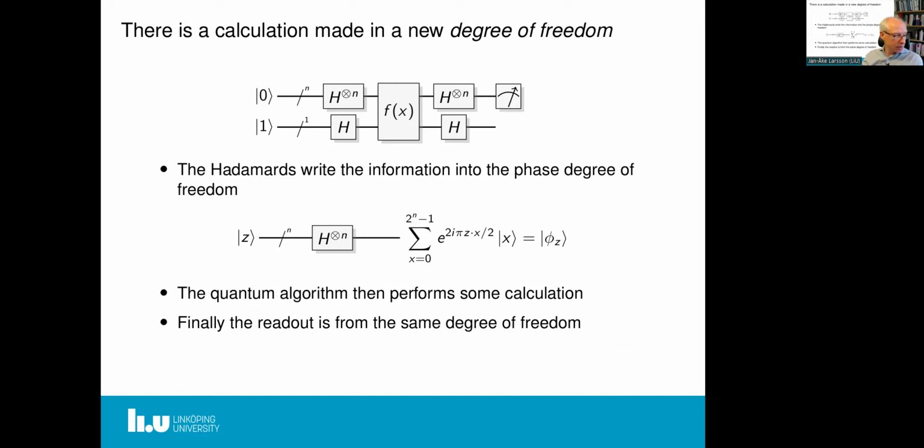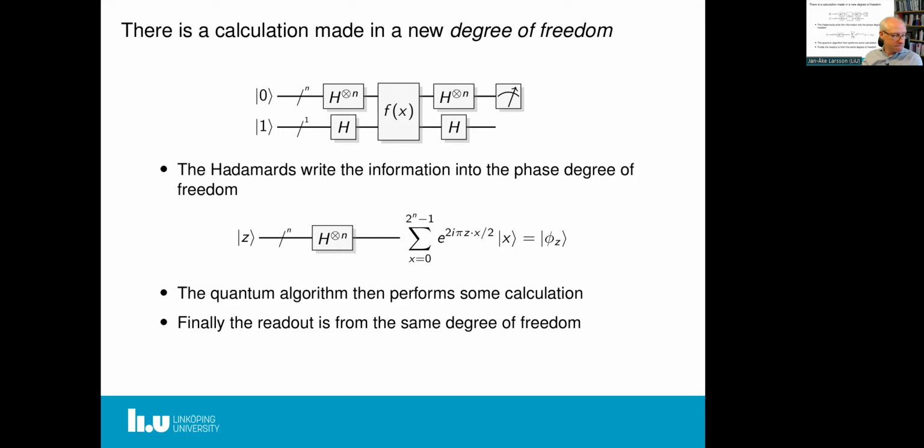The Hadamard on the inputs writes the information that you put on the input into the phase degree of freedom. And then the quantum algorithm here performs some calculation in F. But on the outputs, we have Hadamards that retrieve the information from the same degree of freedom.